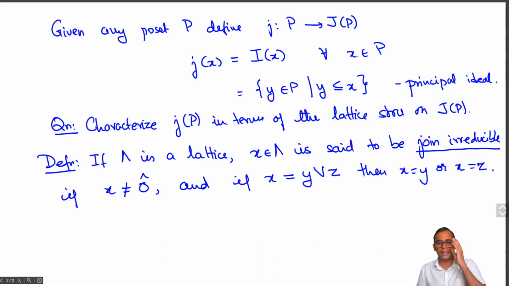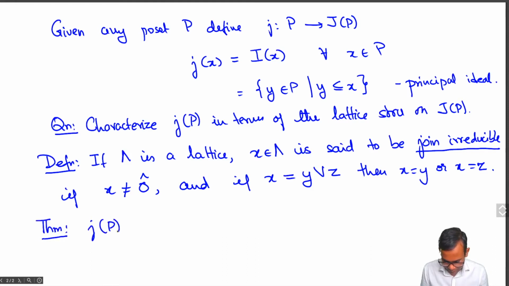This is a bit like the definition of an irreducible polynomial. And the answer to our question comes from this definition. This is clearly a definition that is just dependent on the lattice structure of the lattice. And the theorem is that the image of j is the set of join-irreducible elements of J(P).